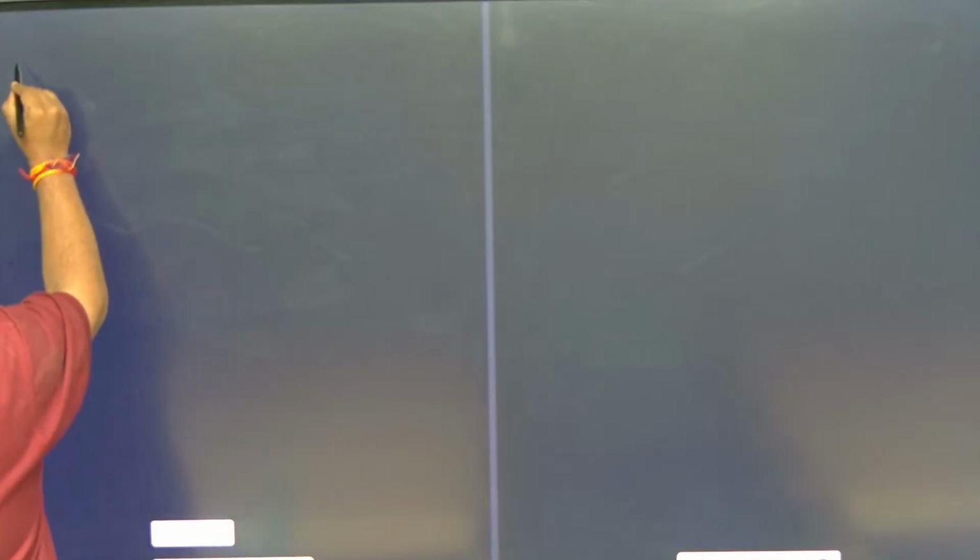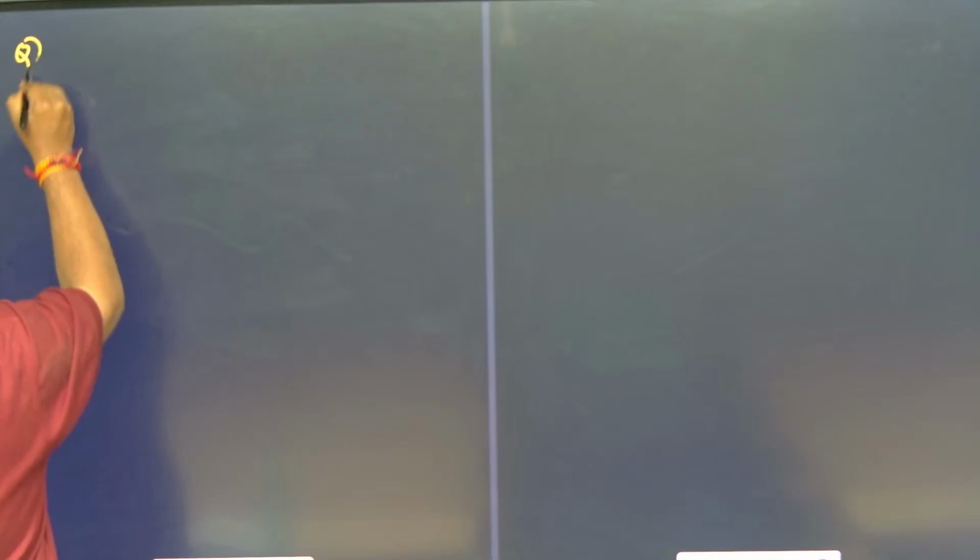So let us take up the question. What is the question that they have given? Just a minute, let me take up the question. The question is like this, I hope it is visible.